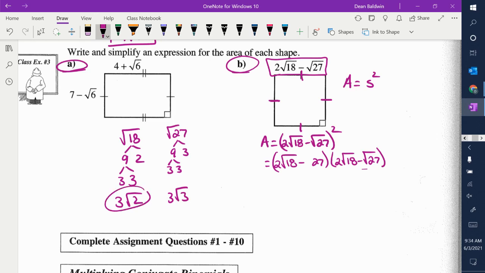So now I'm going to sub these two in for the root 18 and root 27 over here. So my new question is now going to be root 18 is 3 root 2 times the 2 there, so 6 root 2 minus 3 root 3. And you get the same on the other side.